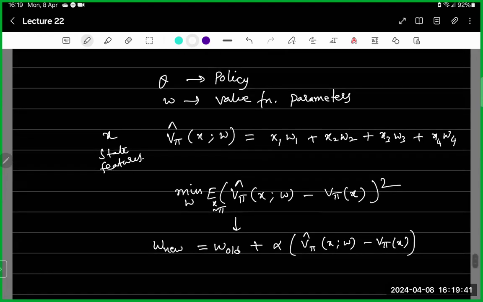Should it be minus or plus here? Maybe that is okay because we want to go in the opposite direction of the gradient. This is one term, and then we'll also have this.